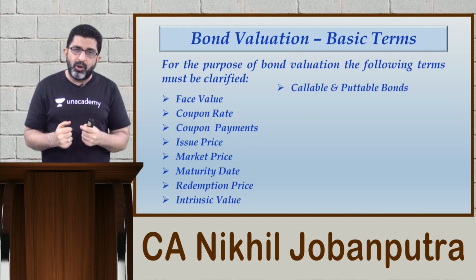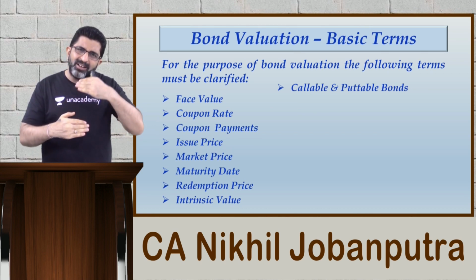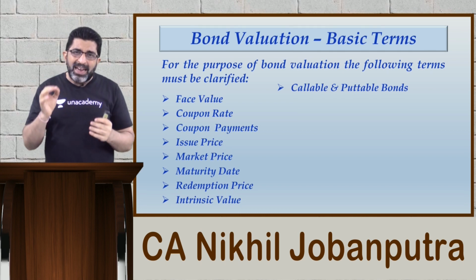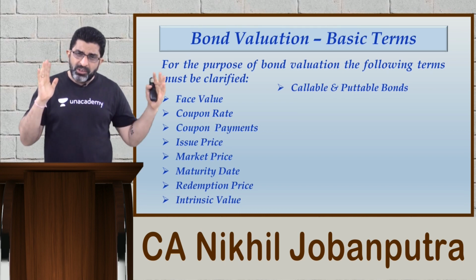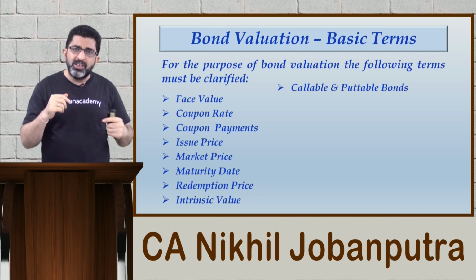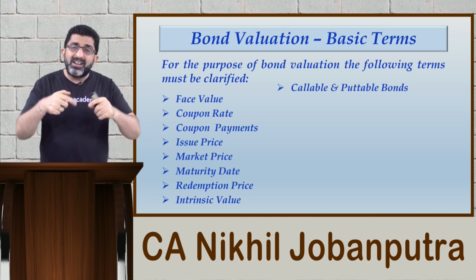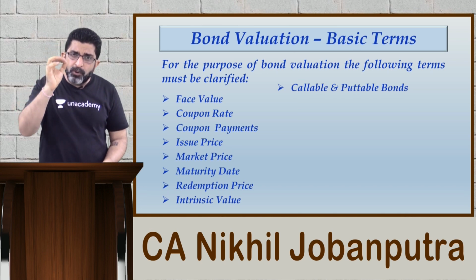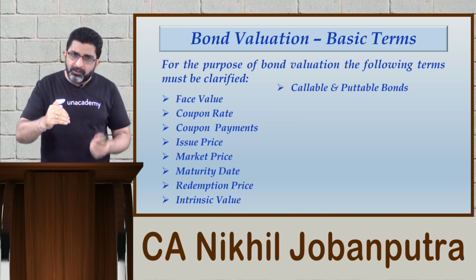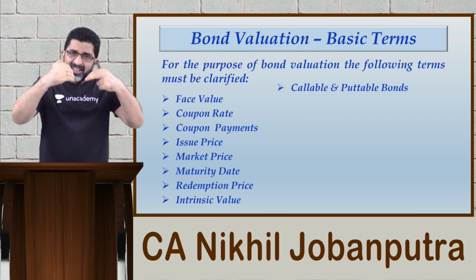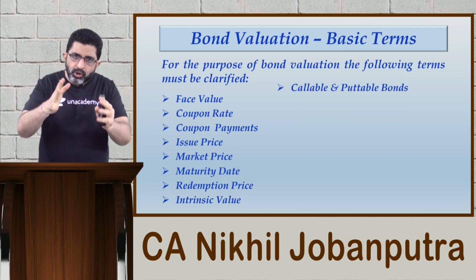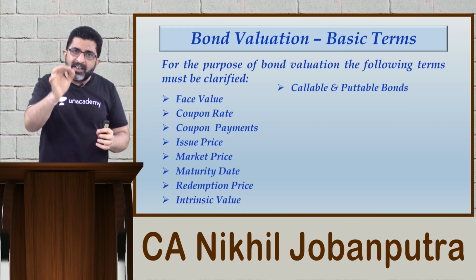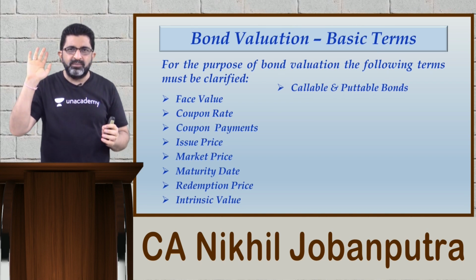Now what are puttable bonds? Take the matter the other way. Suppose while issuing the bond which has a basic life of 10 years, I provide the bondholder a right: dear bondholder, if you want, at the end of 5 years from now you can sell this bond back to us at your choice at a price which is at par.